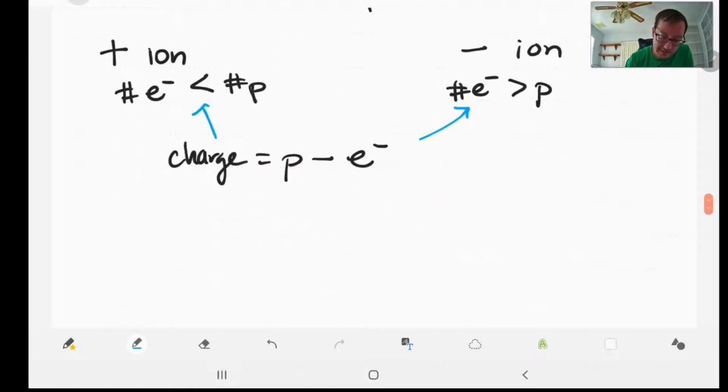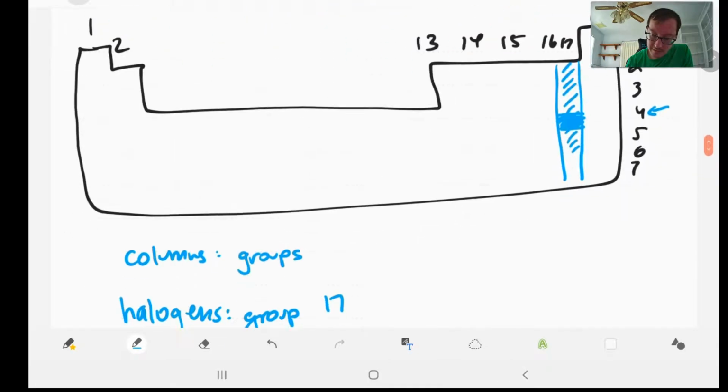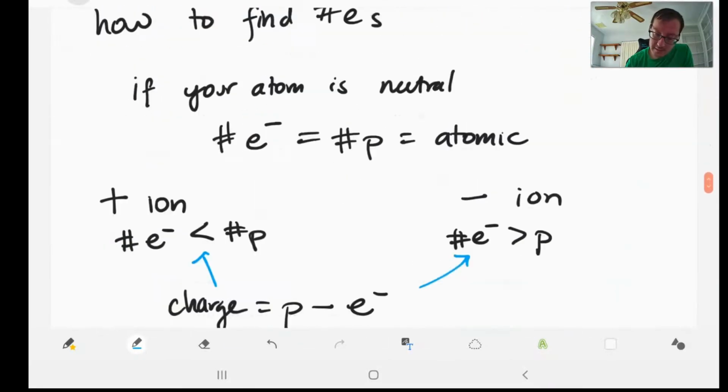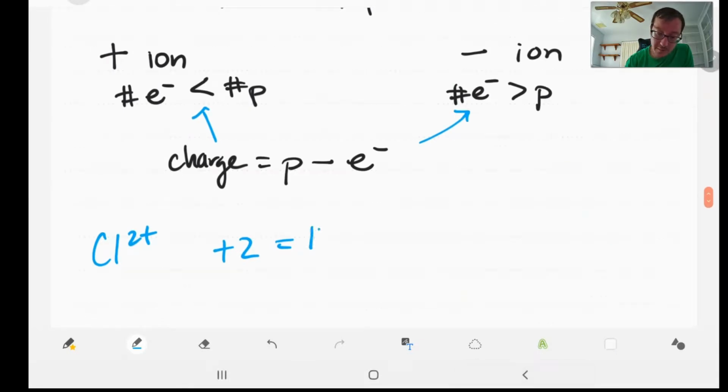If you have something like Cl2+ for some reason, you could say the charge is +2. Chlorine normally has 17 protons. And if we're finding the electrons, that's what's missing here. So we can add electrons to both sides, subtract 2 from both sides, and we get 15.